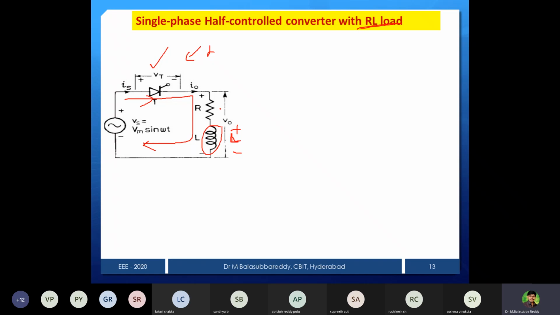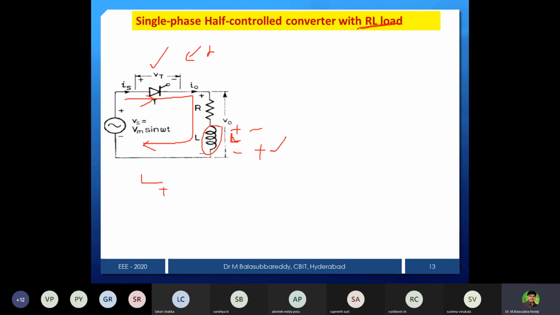After that, once it reaches pi, the supply voltage will be 0. From there onwards, polarities will reverse. Now, whatever energy is stored in the inductor, that polarity will reverse. Now there is energy in the inductor, it is going to be dissipated. What is the path for dissipation? L plus, now the polarities are reversed.